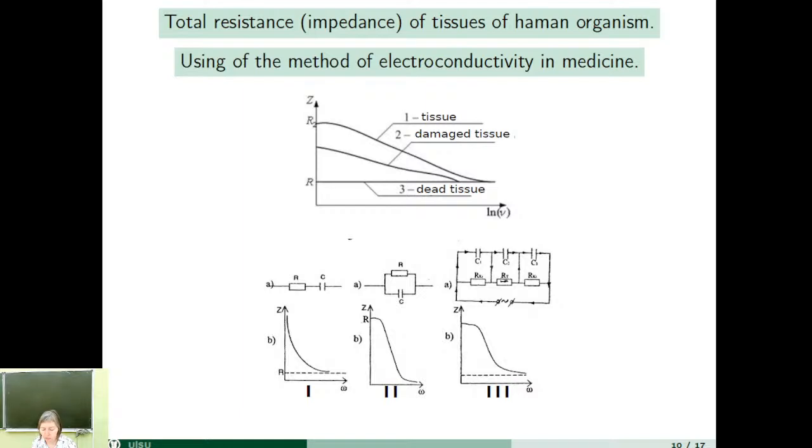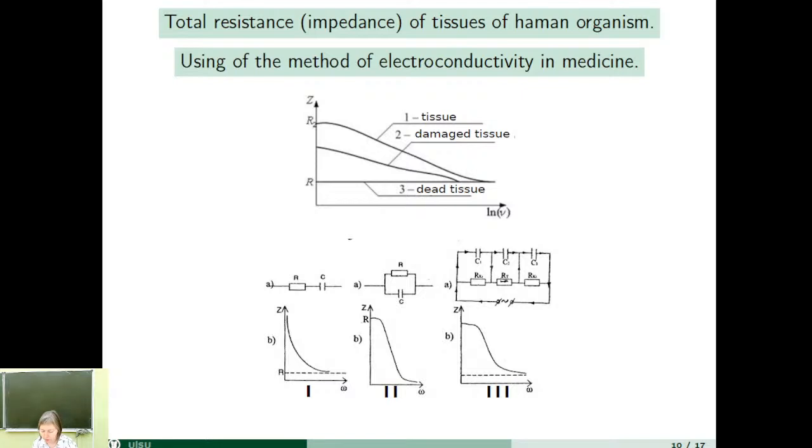It gives the tissue capacitor properties also. Ohmic resistance does not depend on frequency, and the capacitor resistance considerably decreases with increase of frequency, and this results in an increase of conductivity of the whole system with capacitance.